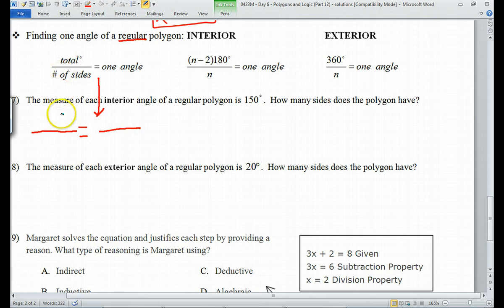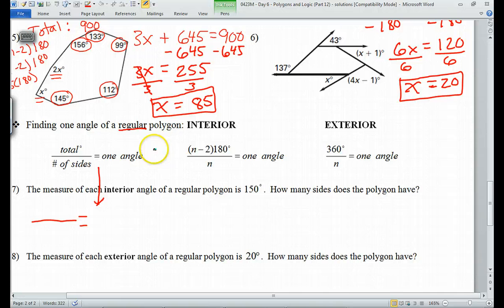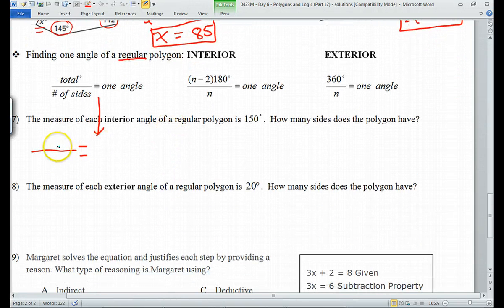The total degrees, I don't know what it is, but I can write an expression for it. So an expression for the total number of degrees would be n minus 2 times 180.